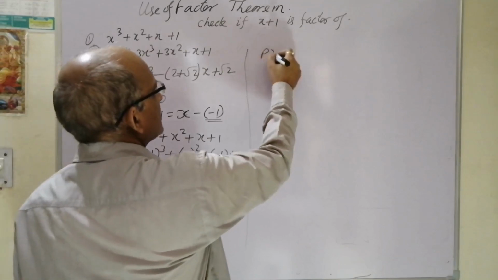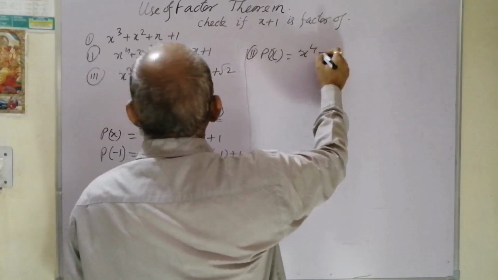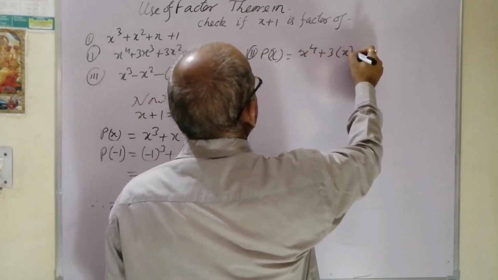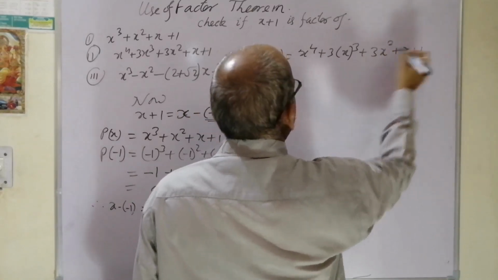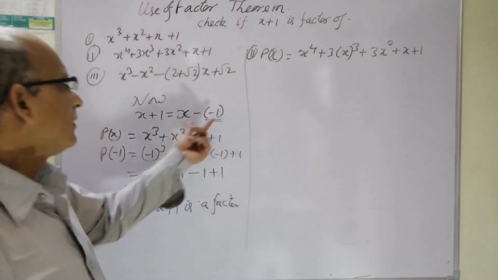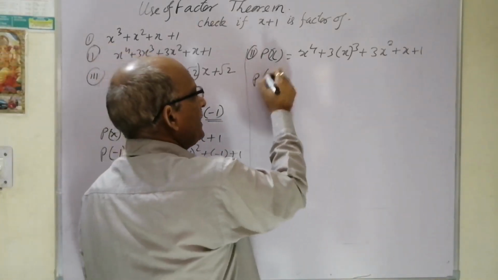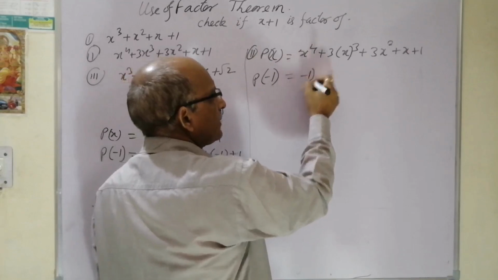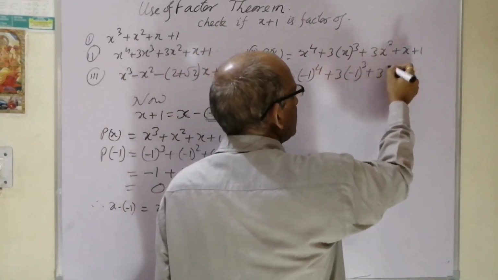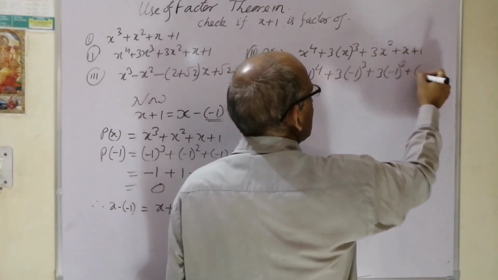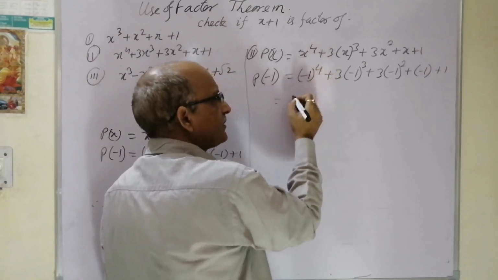Again we'll take here P(x), it is the second part. P(x) is equal to x to the power 4 plus 3x cube plus 3x squares plus x plus 1. Again same thing, we'll keep x minus a. So we'll get here P(minus 1), so minus 1 power 4 plus 3 into minus 1 cube plus 3 into minus 1 square plus minus 1 plus 1. 4 is even, so it is plus 1.